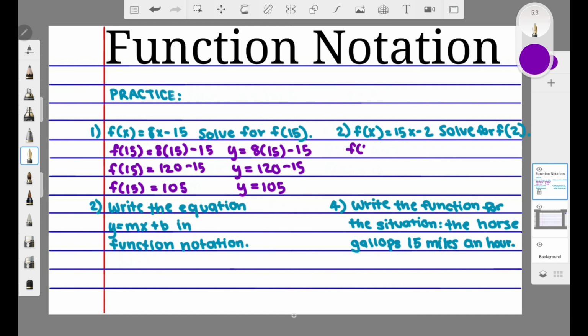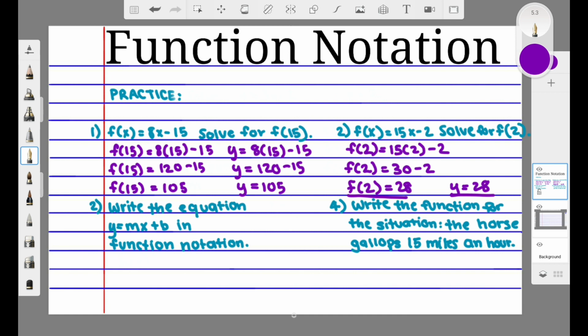We're just going to plug in the 2. f of 2 is equal to 30 minus 2, so it's equal to 28. In the same way, if we solved it using y, we would just get y is equal to 28. Same answers because it's the same process.